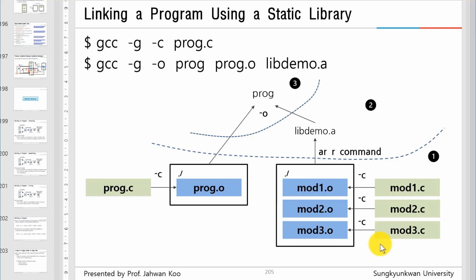Thus, it will be better to group these modules into a single unit. The single unit is called the static library. We just use the -c option in order to compile a program and 3 common modules. So we got 4 object files which end with .o.